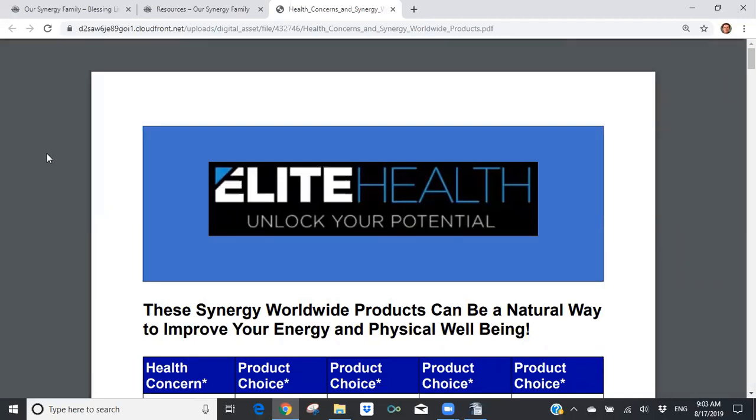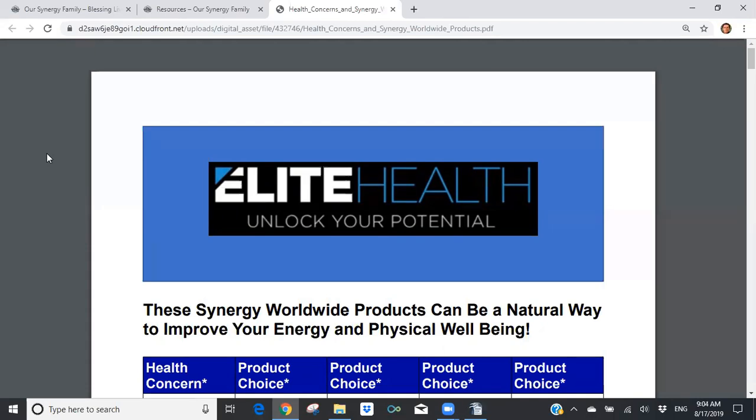Now, I'm going to go through this PDF with you and help you to understand why the choices have been made for different health concerns and to show you what we have on this checklist. But understand just an overall view. In the health concern column, which is the first column, it's all done alphabetically. And then product of choice, you see there's 4 columns for product of choice.